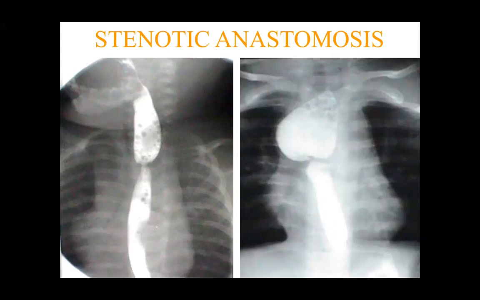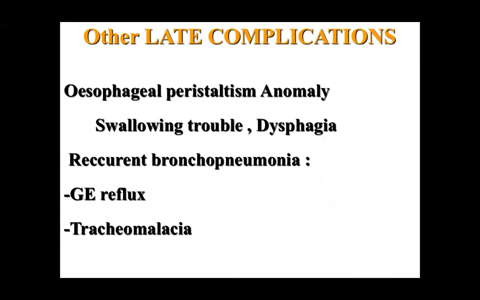We can see other late complications like esophageal peristalsis anomalies, observed as swallowing trouble, dysphagia. We can have recurrent bronchopneumonia due to gastroesophageal reflux or due to tracheomalacia.